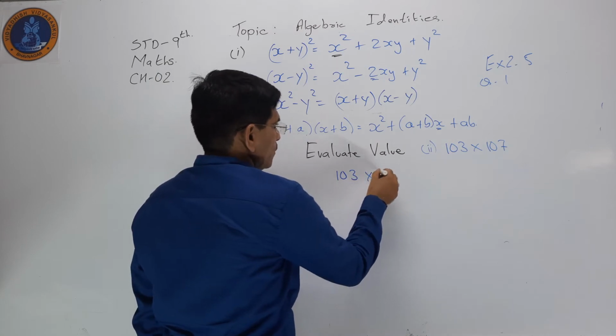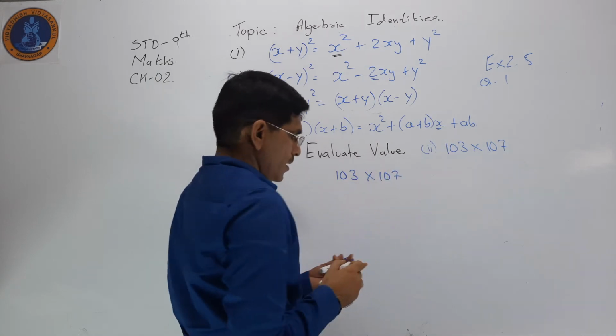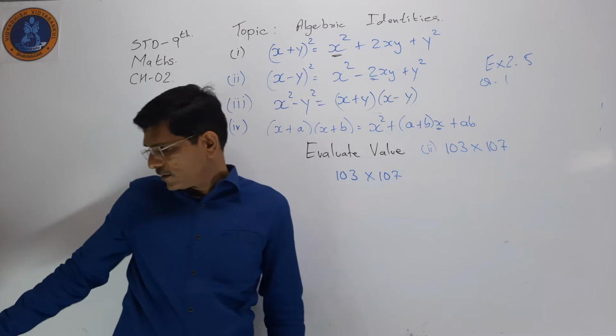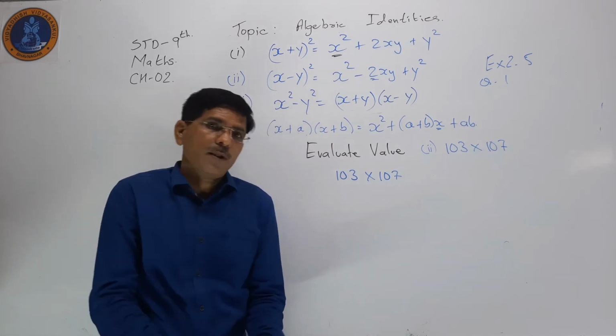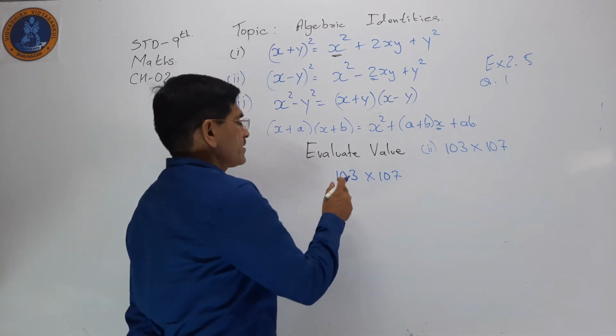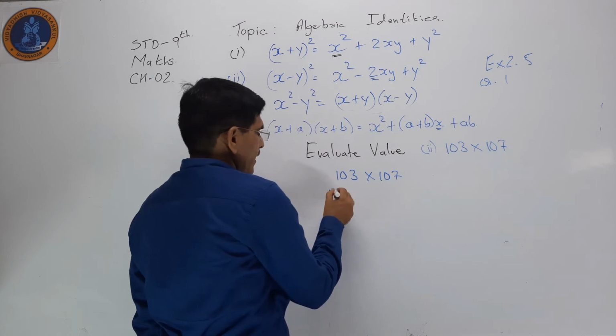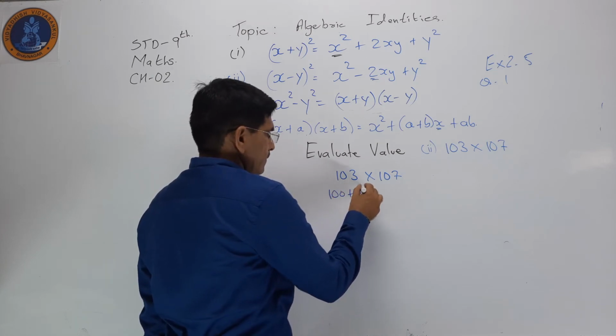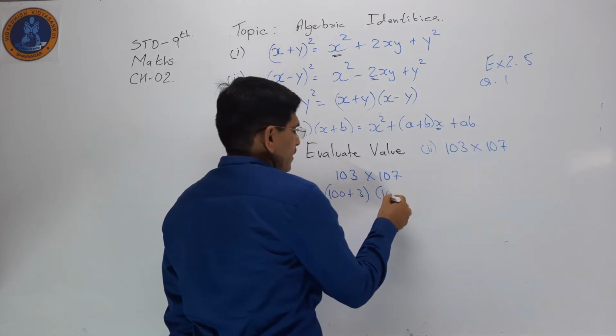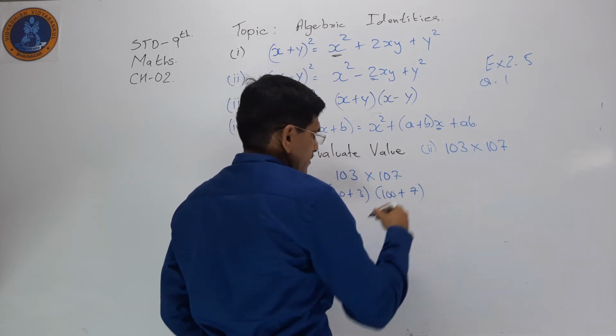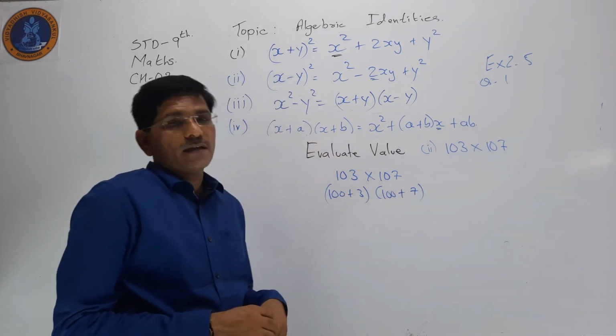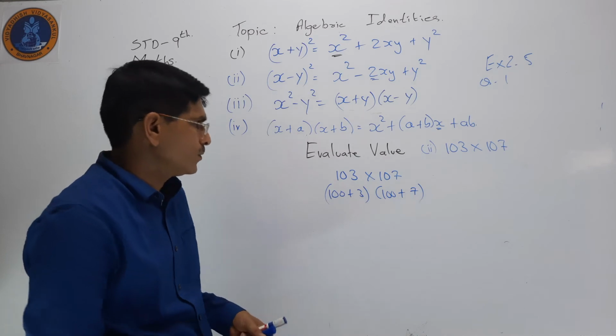103 into 107. What is the first step? Again, we have discussed that. x plus a, so 100 plus 3 and 100 plus 7. Someone says, sir, can we do it by another method? We can do it.